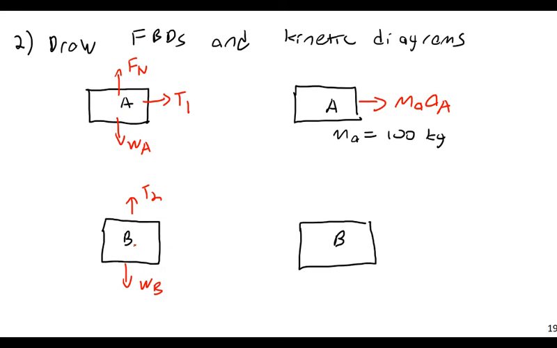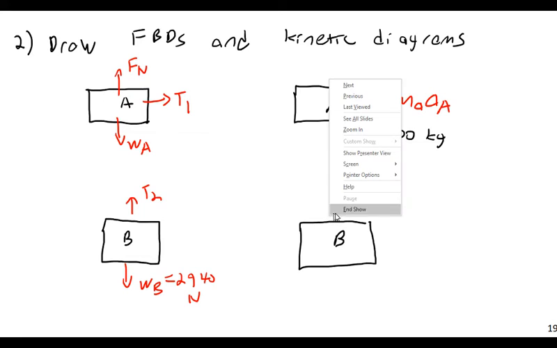Weight B is just going to be the mass times the acceleration due to gravity, and this would be 2940 newtons here.